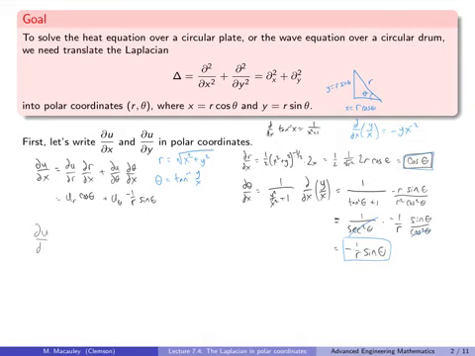So du dy, this is du dr times dr dy plus du d theta times d theta dy. Okay, so du dr, that's the same. This is ur. And then what's dr dy?